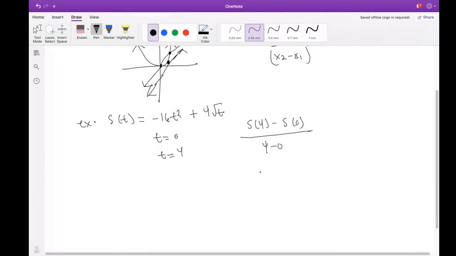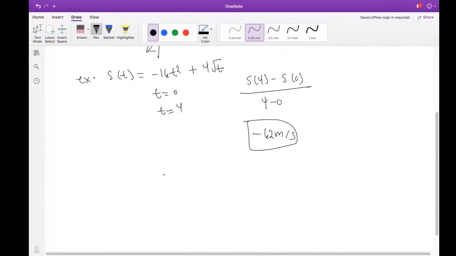If we plugged all this into a calculator, we would end up getting negative 62 meters per second. So that would be an example of where you needed to find the average velocity.